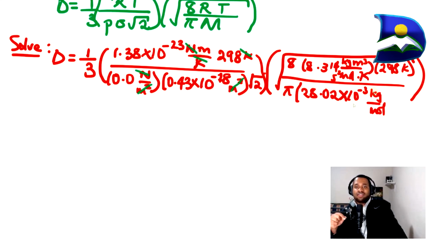And then inside the square root, we have a couple of things canceling out, like our kelvins canceling out our kelvins, we have our mole canceling out our mole, and we have our kilograms canceling out our kilograms, and what we're left with is meters squared divided by our seconds squared.